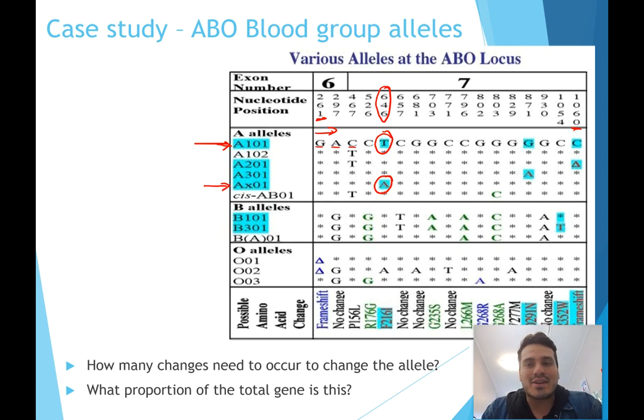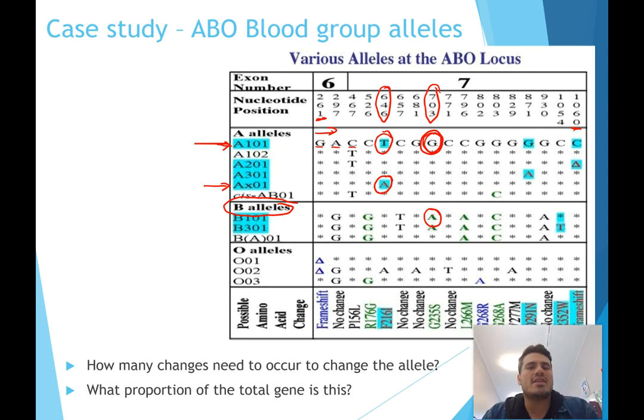Our body is really good at recognizing small changes, and usually a change is bad, so it doesn't like changing. But if we change the guanine at spot 703 to an adenine, we're one step closer to getting the B allele, the B marker. But if you notice, we actually need a lot more changes to happen.